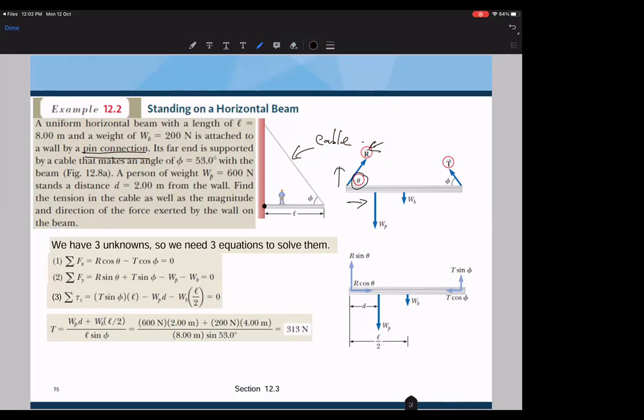So in order to find out the equilibrium, once again, we have the three equations. The force in the x direction must be in equilibrium. And then the force in the y direction has to be in equilibrium.